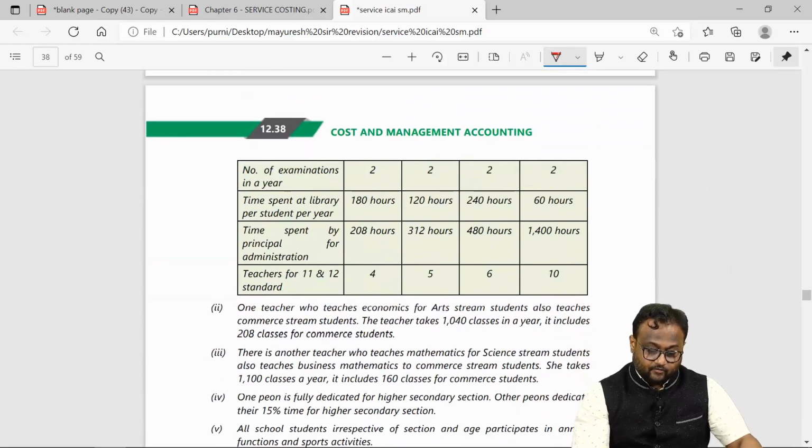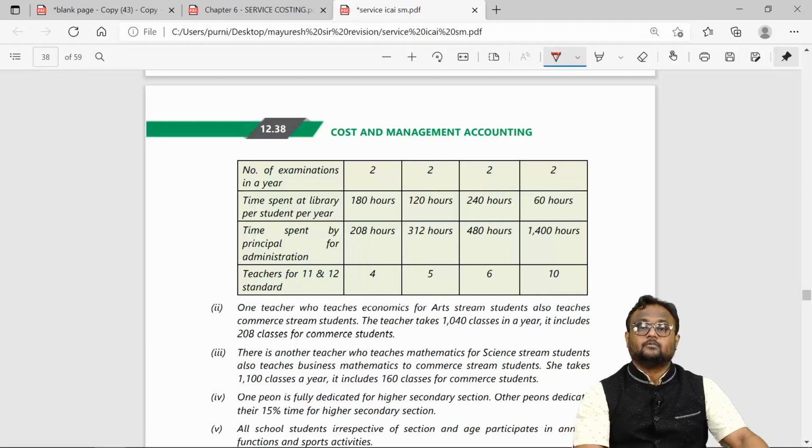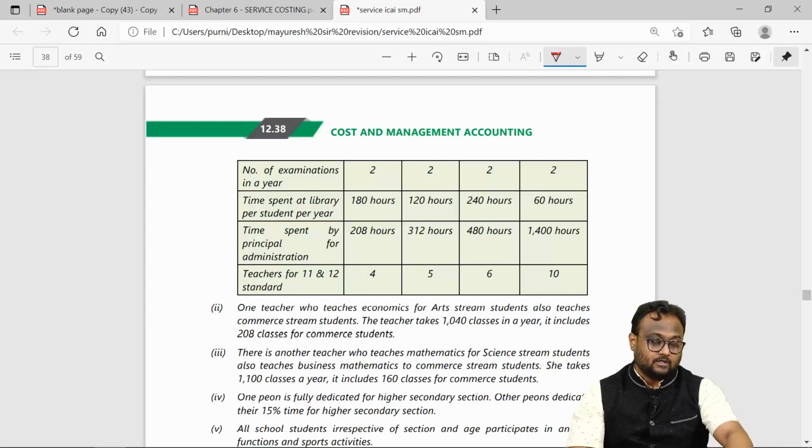Time spent by the principal for admin is 208 hours, 312 hours, 480 hours and 1400 hours. So 14,40,000 is getting paid to this person for 2,400 hours. 600 is the hourly charge.